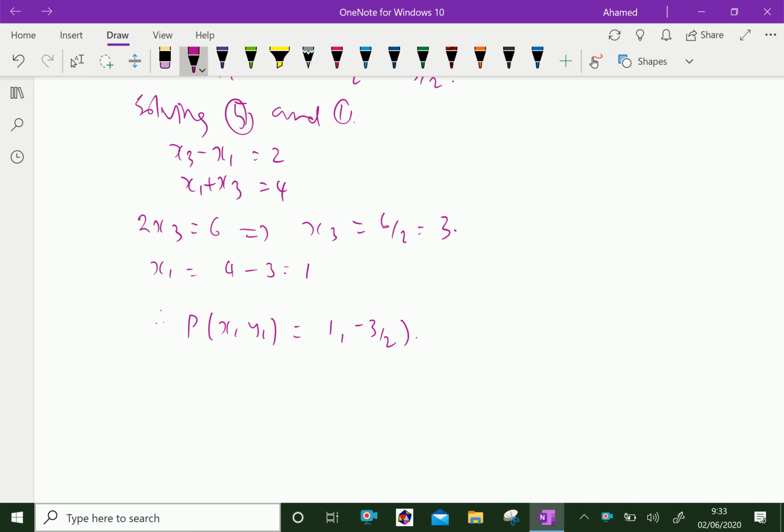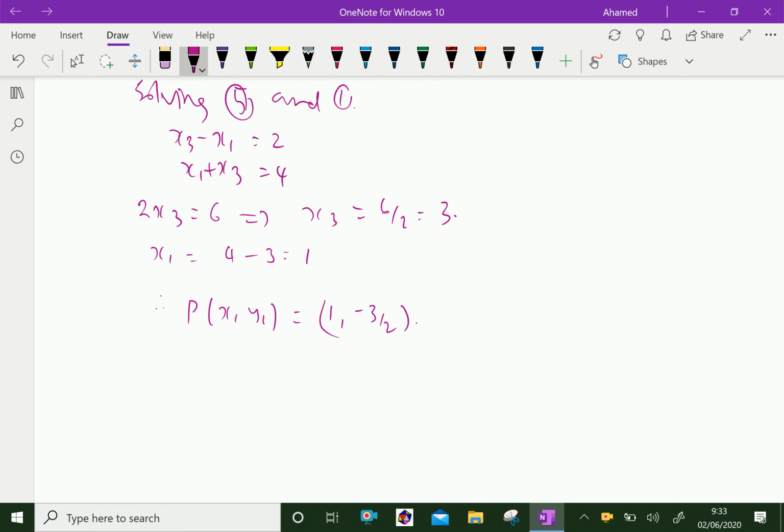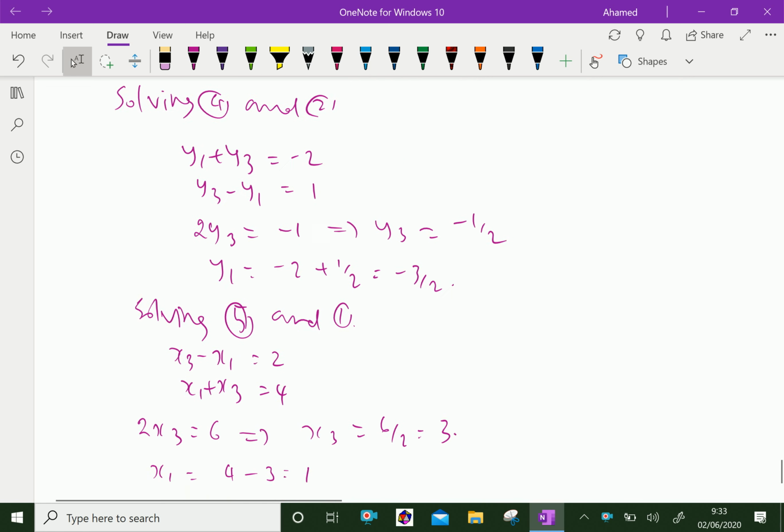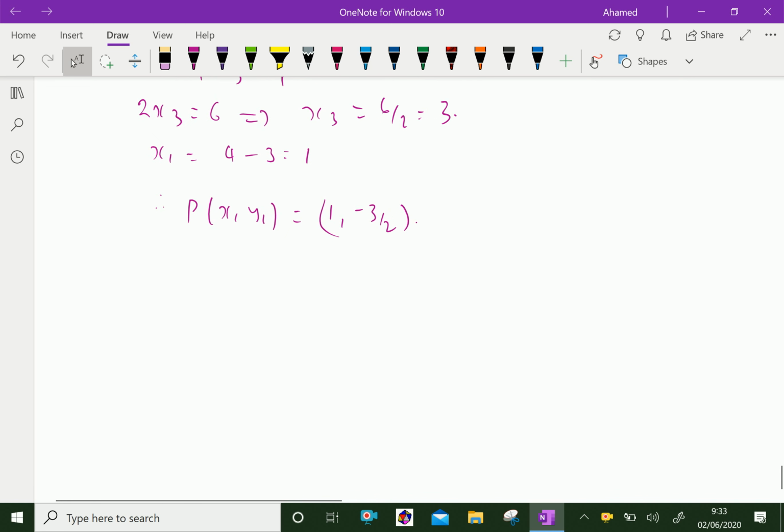Here, because the square root of 1 is plus or minus 1, if we use minus 1 for x1, the point P (x1, y1) is also (-1, -3/2).